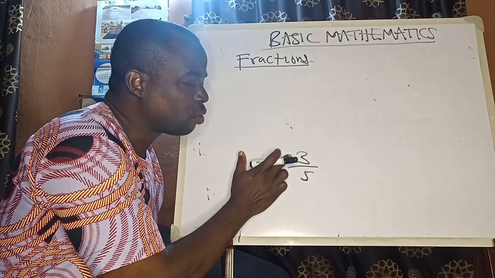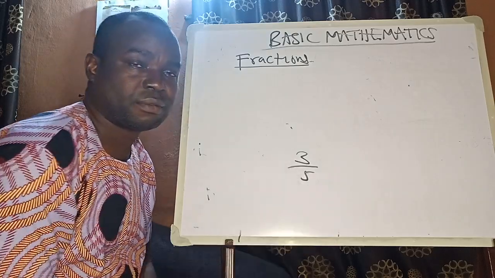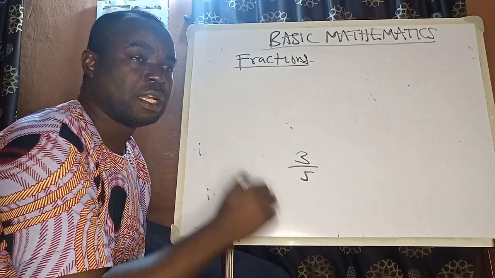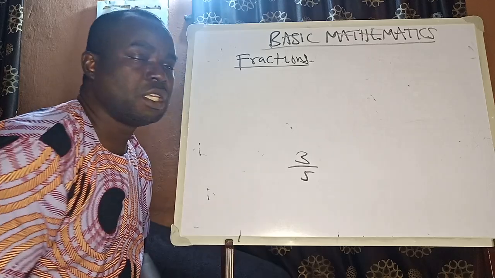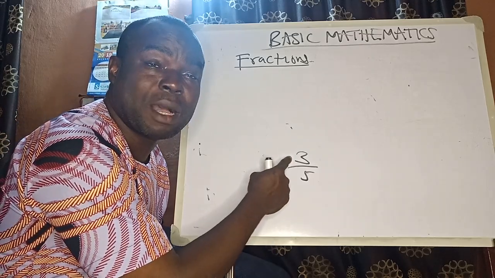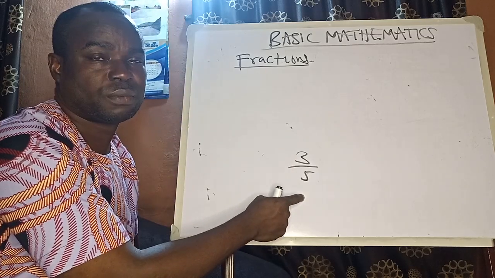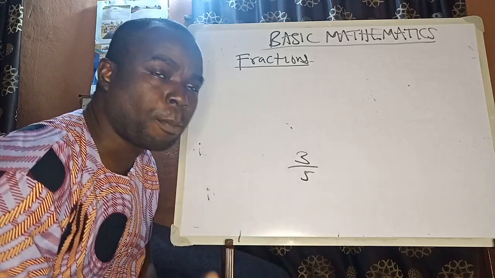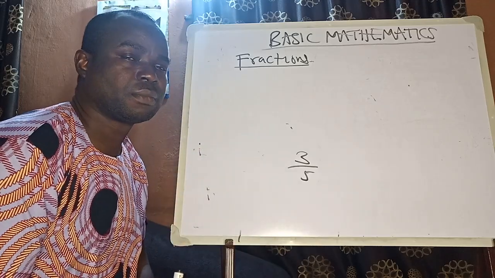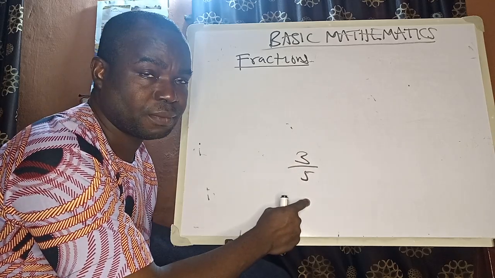Therefore, the numerator here is 3 and the denominator is 5. Now if you have a fraction where the numerator, the number on top, is less than the denominator, you call it a proper fraction. It means that the numerator is less than the denominator.